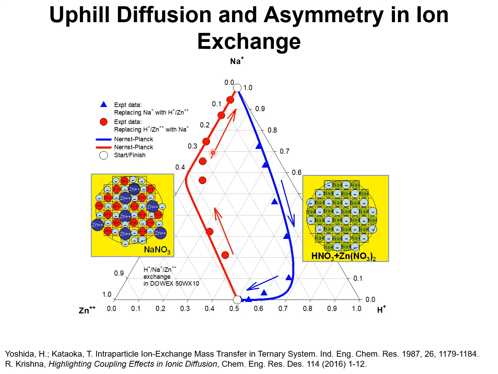In the red path, no overshoot or undershoot in H plus is recorded.